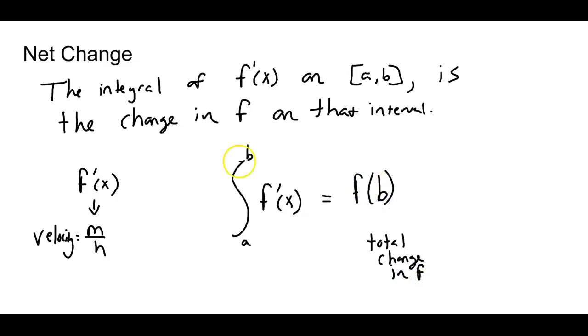So the ending value of f minus the starting value of f, actually I said that backwards, ending value of f minus starting value of f, that's the total change in f. Now what would that be though? In this case that would be the position of the vehicle, its final position minus its starting position.